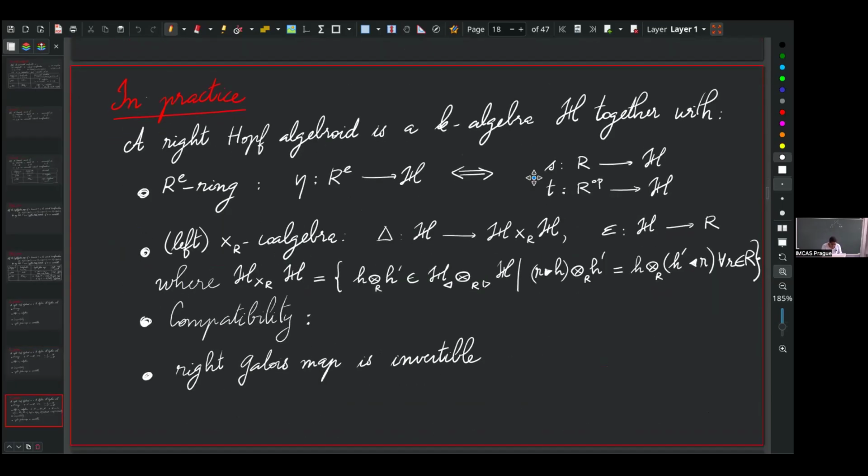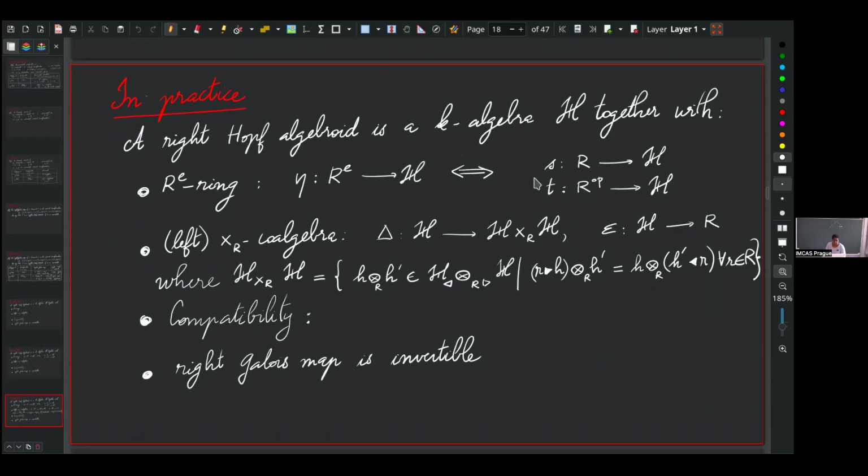And next, we have the cross-R coalgebra structure, which is given by a comultiplication, which goes from H into the Takeuchi product. Concretely, the Takeuchi product is obtained as the subspace of the tensor product of H with itself, for which the black actions agree.